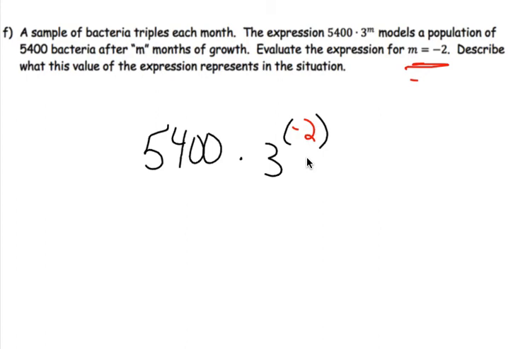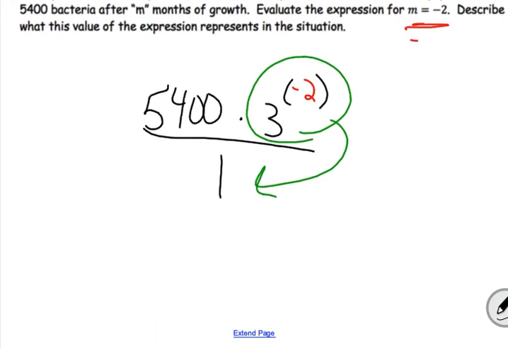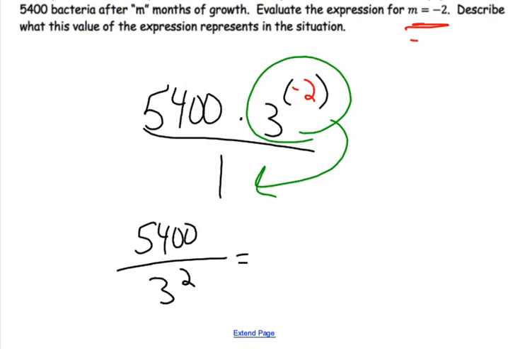So I recognize there's a negative exponent, so we make it a fraction over 1. Identify what the problem is that needs to be moved. 5,400 will stay right where it's at. 3 squared moves to the denominator, becomes a positive 2 now. So 5,400 divided by 9.